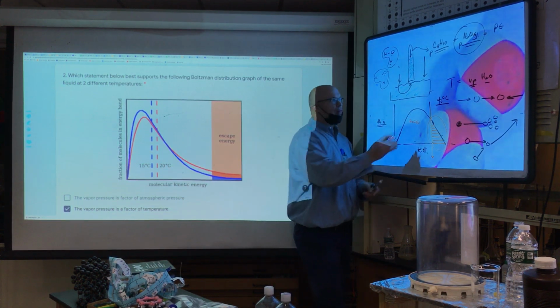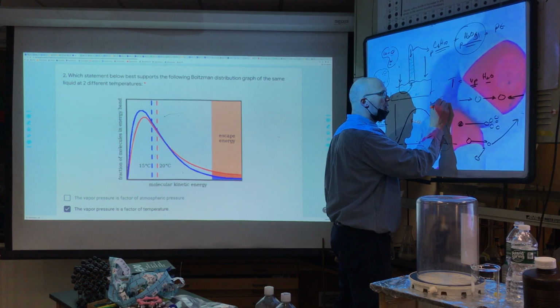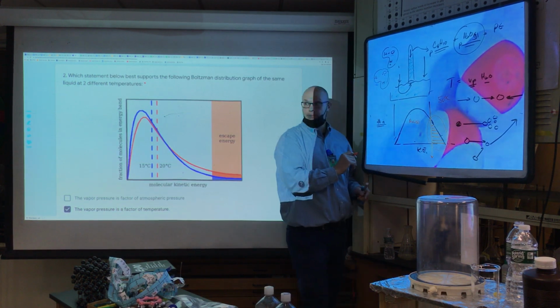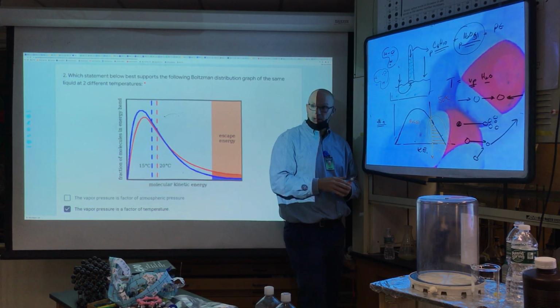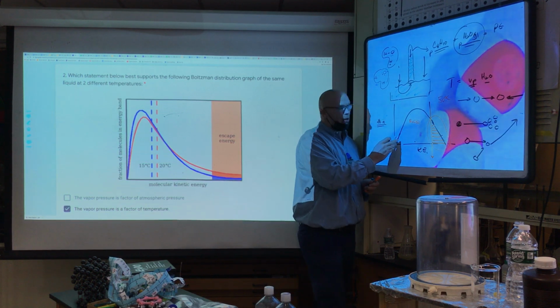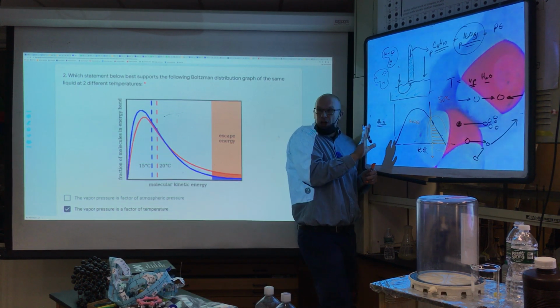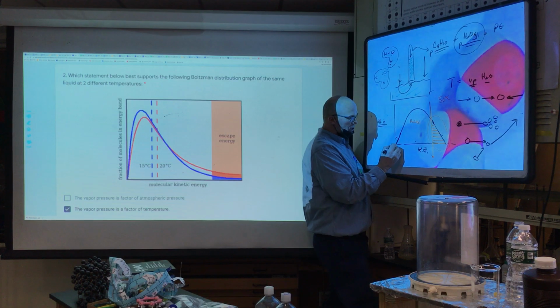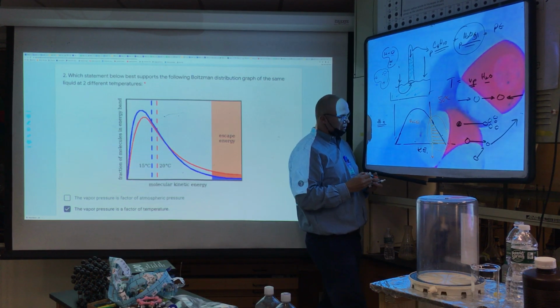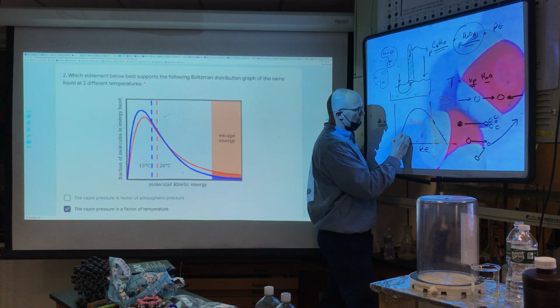Okay, let's go to 50 degrees Celsius. What happens? At 50 degrees Celsius, the particles and the area are the same, but this shifts, and I'm going to draw it in this color. It shifts and flattens out.